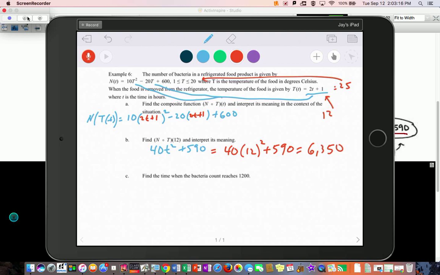So then the last one is we're supposed to take our equation again, which is 40t squared plus 590, and we're supposed to set it equal to 1200. So if you subtract 590 on both sides, you get 40t squared is equal to, I believe it's 610.